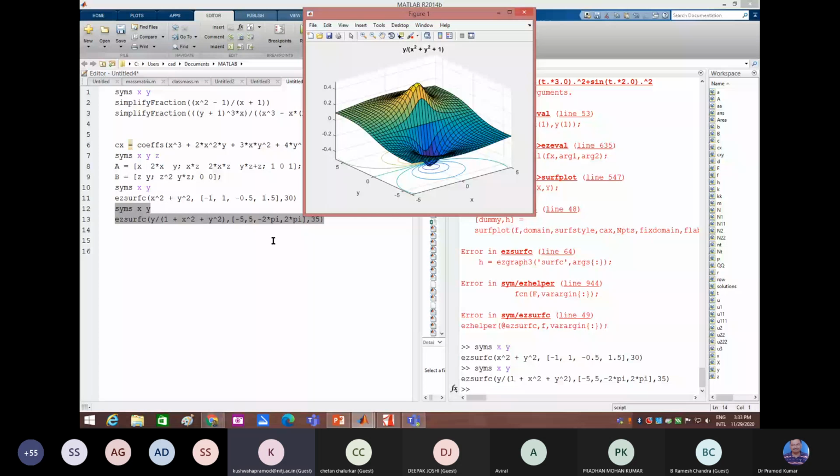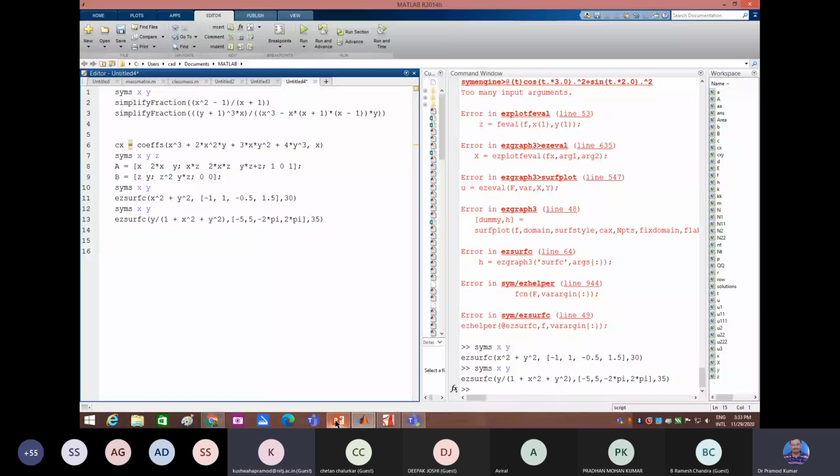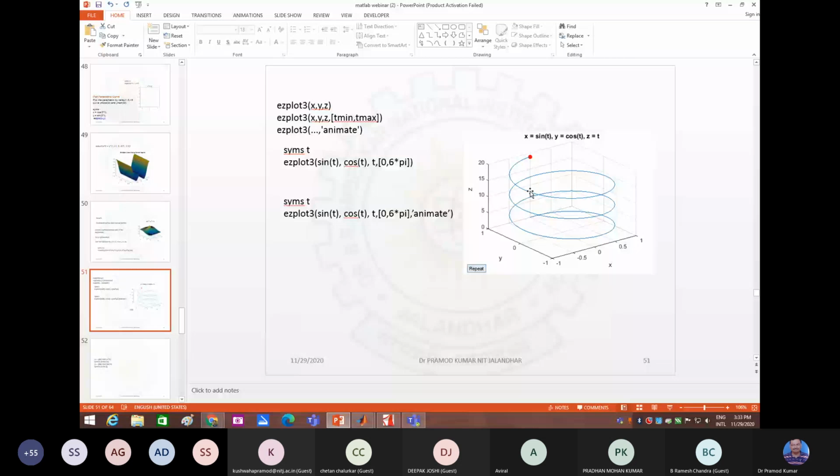Another interesting part here: some simulation or animation of this graph you can see just by putting one command here, animate. Animate is plot3 of sine, cos, and then t varies from 0 to 6 pi.